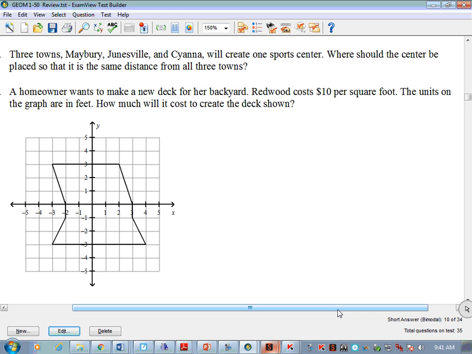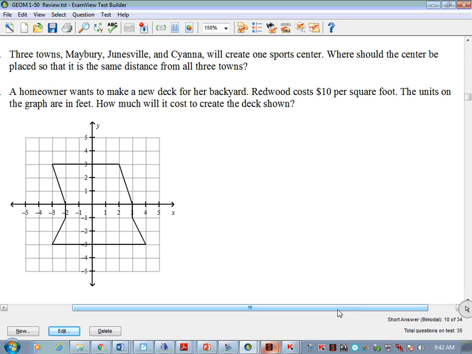This is question number 12, brought to you by lesson 38, perpendicular and angle bisectors of triangles. The answer here is treat the towns as vertices of a triangle. The center must be placed at the triangle's circumcenter. So you're looking for the circumcenter. That is the term. Go back and look at lesson 38 for that.